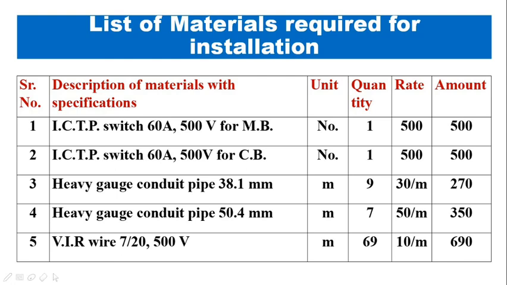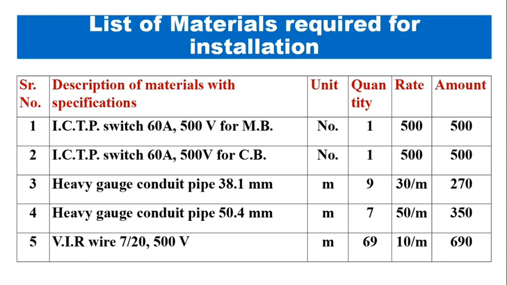Next is the rate for that quantity, for example per meter or per item. And last is the total amount. So you have to make a chart like that, and one by one you add the materials into it.